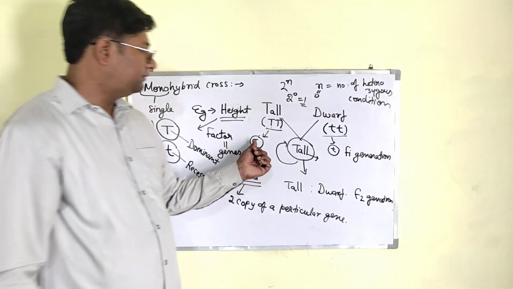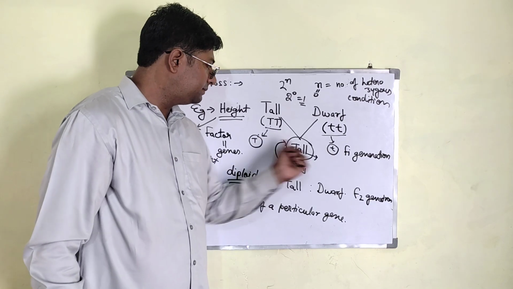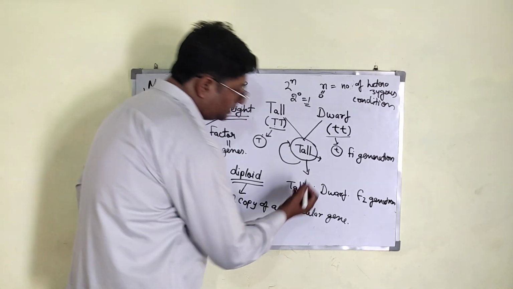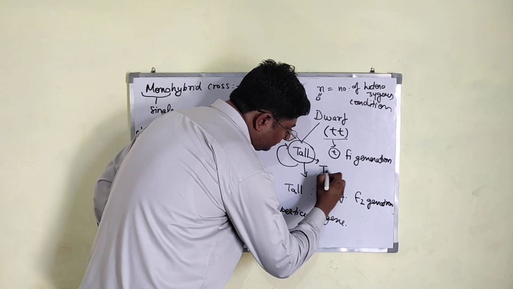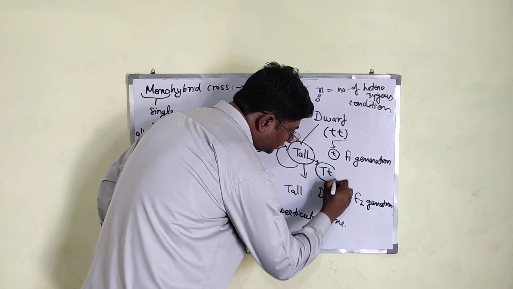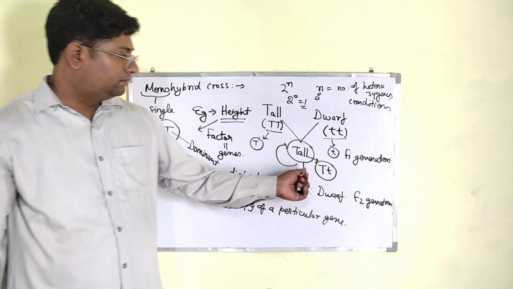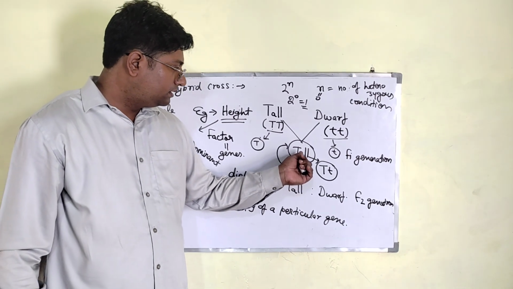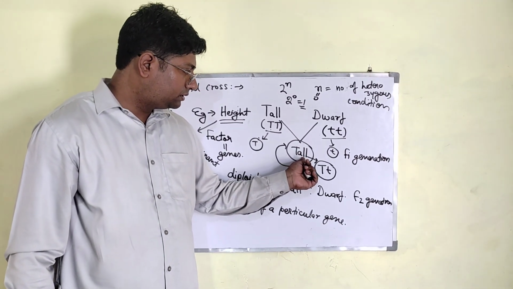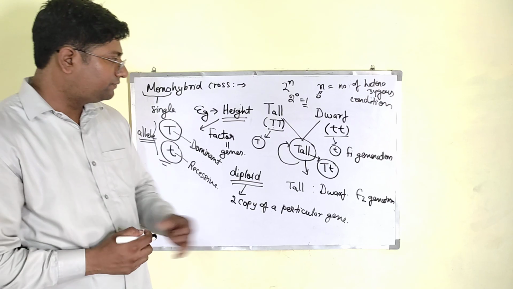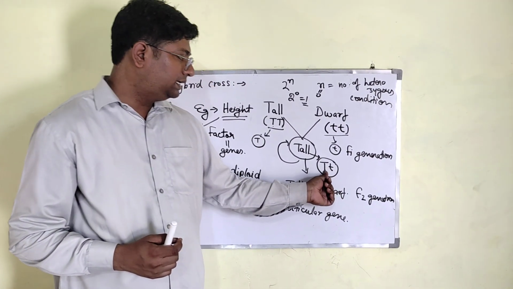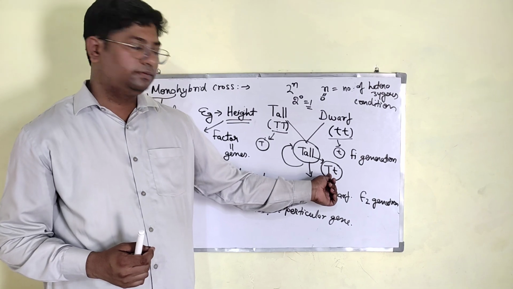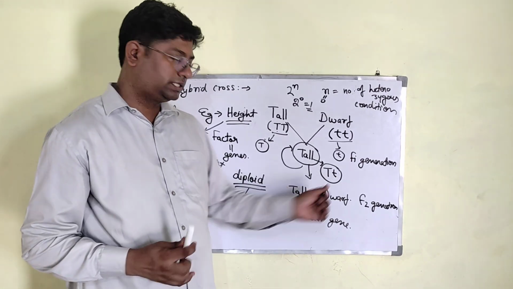In the F1 generation, when both of these gametes fuse with each other, we get capital T and small t. But the plants look tall. It means that in the F1 generation, among these alleles, only one allele is able to express itself, while the other allele is not able to express itself.